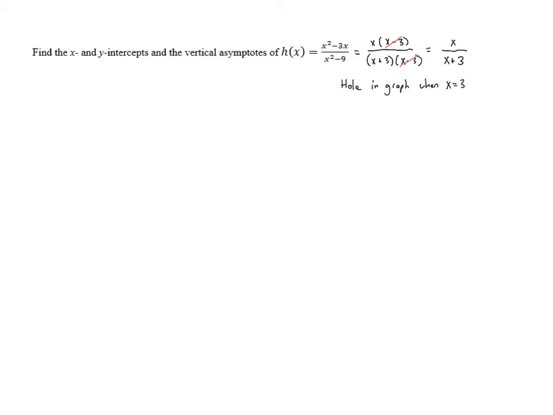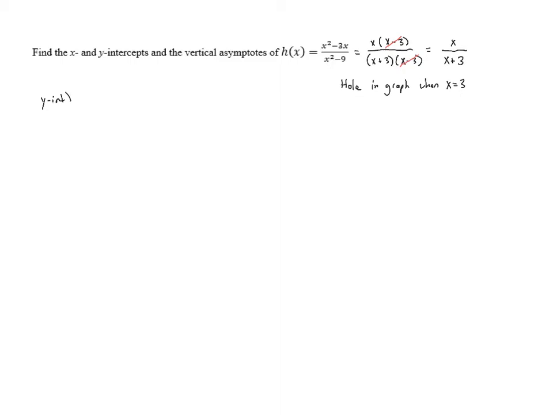This won't give us a vertical asymptote, and it won't give us an x-intercept. Because we have this factor in both the top and the bottom, it ends up creating a hole in the graph. So moving forward, finding the intercepts and the vertical asymptotes, let's look at the simplified version of the function.